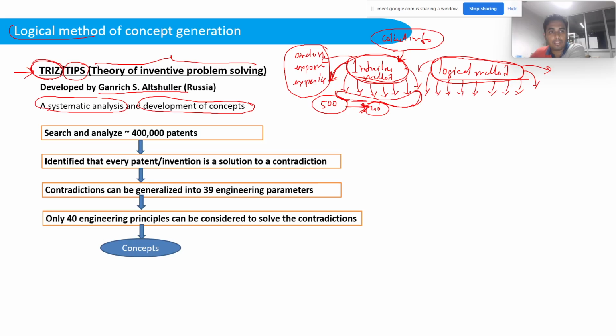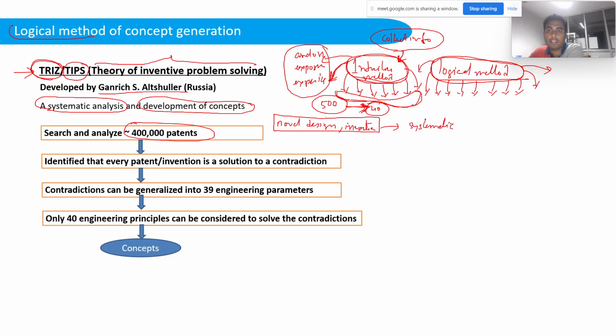And what was his research? He searched and analyzed over 400,000 patents in order to check for some sort of relationship between novel design solutions or inventions, and how this can be achieved using some sort of systematic methodology.